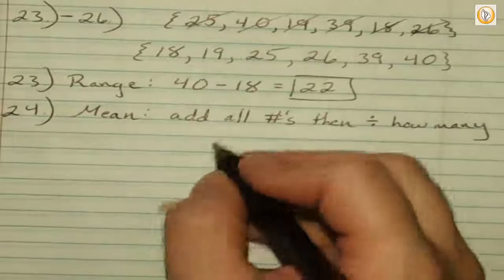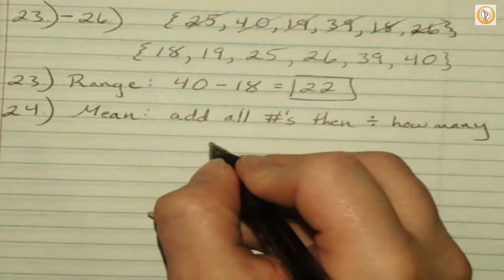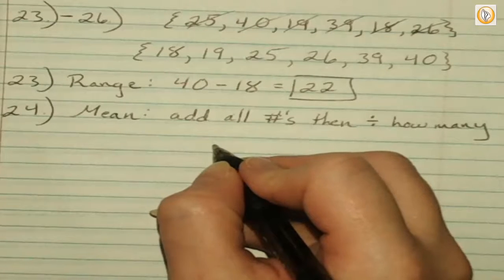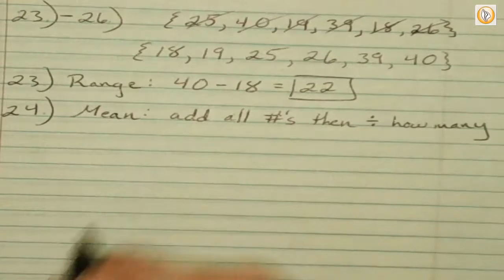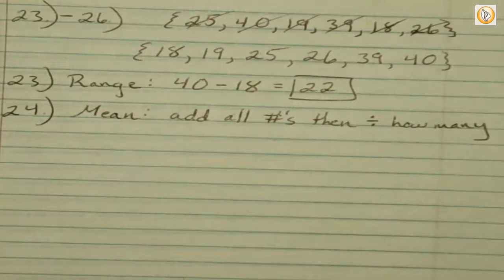Aiden? 167. Either my notes are wrong. Izzy, what'd you get? Okay. Someone get something different?